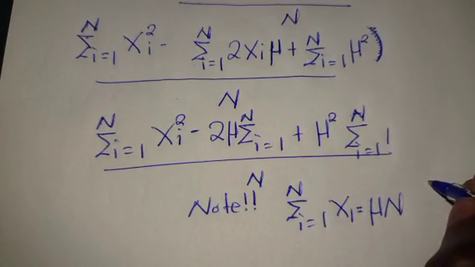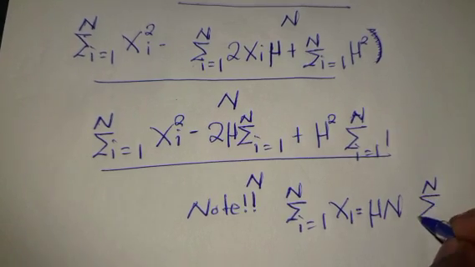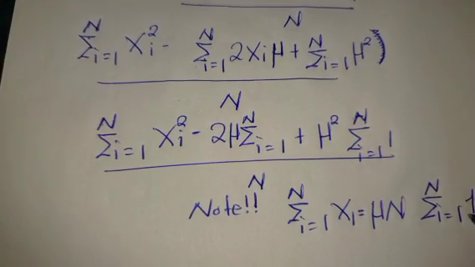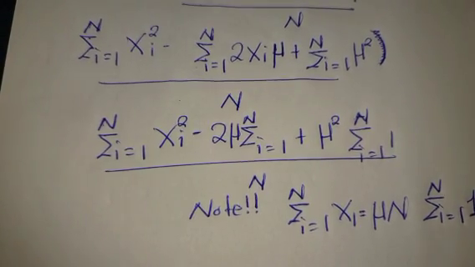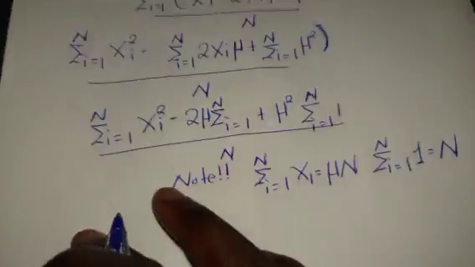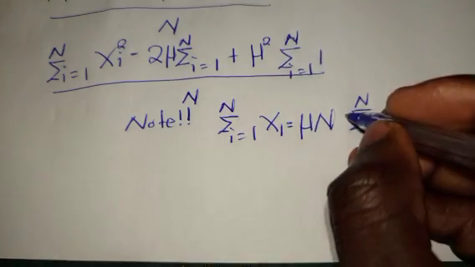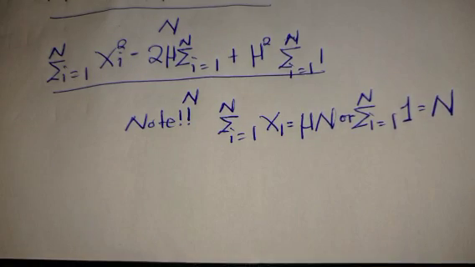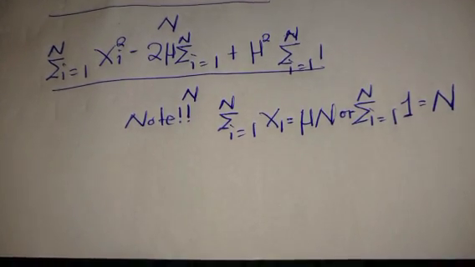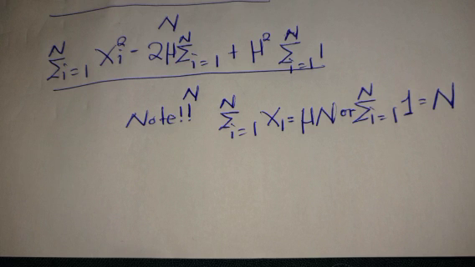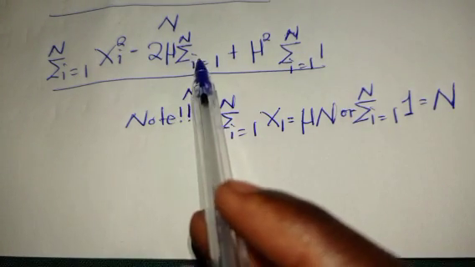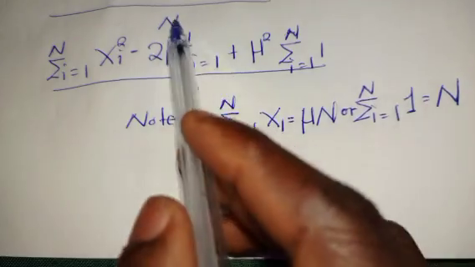And the summation of i equals 1 to n of 1 is equal to n. These are two equations we should always note when making a complex equation into something that is not complex.